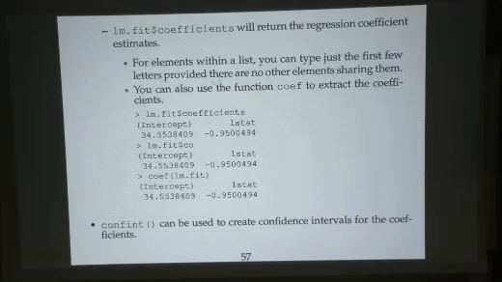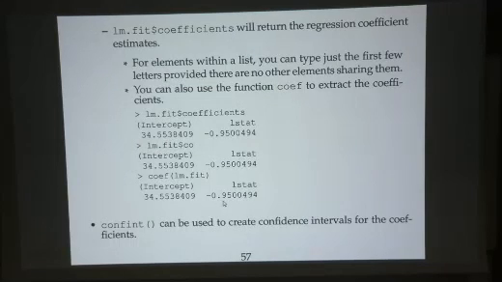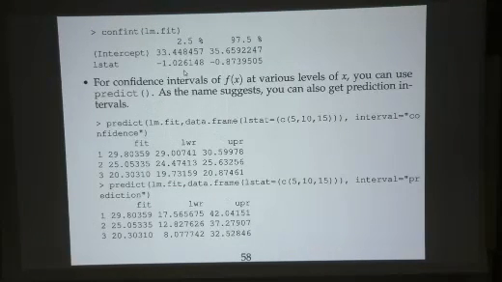You see that beta naught hat, 34.55, lies between these two numbers, and your lstat coefficient, minus 0.95, lies between these two numbers. So you have the estimate and then you have the two cutoffs. You take two numbers within which the estimate lies, and you say that within this confidence interval there is a 95% chance of your actual coefficient lying.